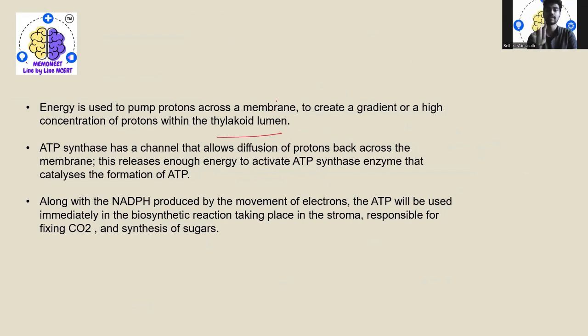This one we have discussed. Then the ATP synthase has a channel that allows the diffusion of the protons back across the membrane. Okay. So as a result, what happens? This releases enough energy to activate the ATP synthase enzyme that catalyzes the formation of ATP. That means it forms the ATP along with the NADPH produced by the movement of the electron.